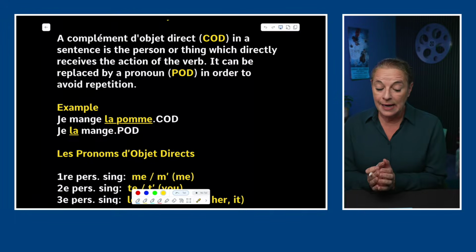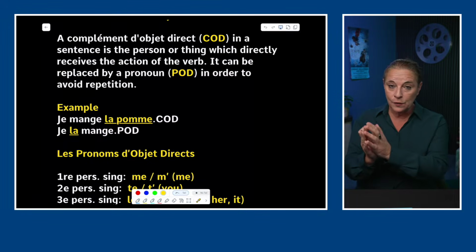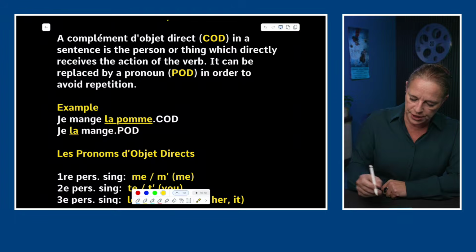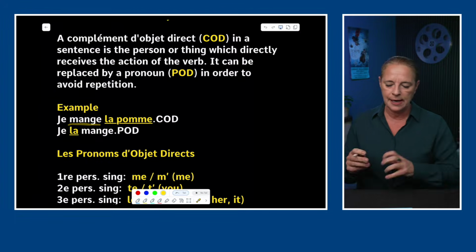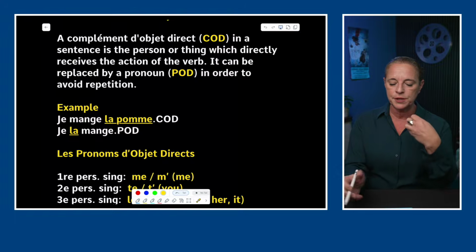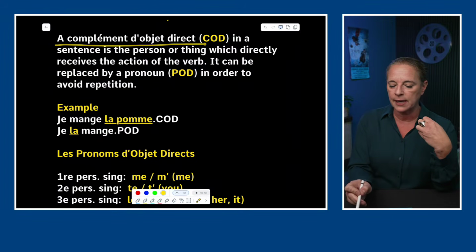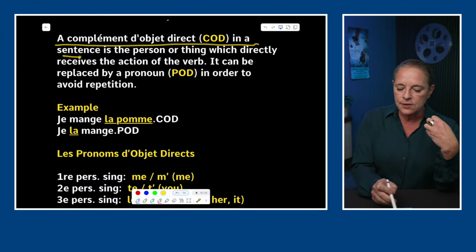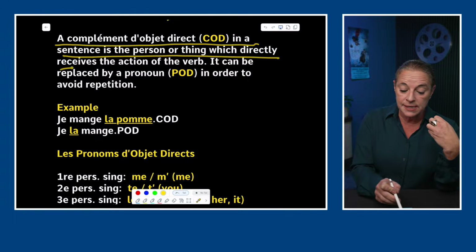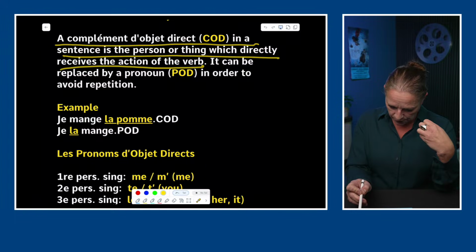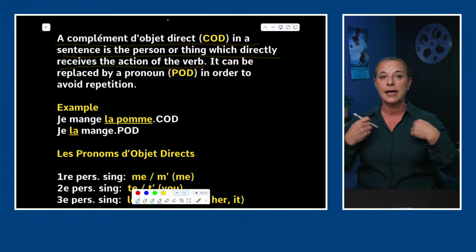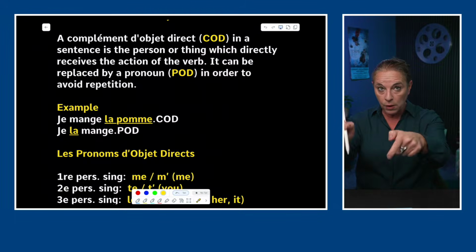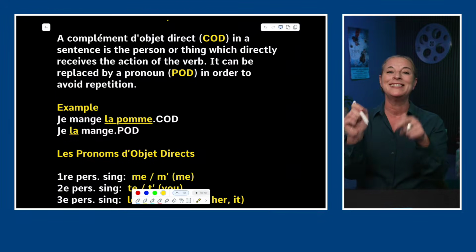La pomme goes with the verb manger, okay? So, je mange la pomme. So, complément d'objet direct, I remind you, it's written here. In a sentence it is the person or thing which directly receives the action of the verb, okay? So, I eat what? What is your complément d'objet direct?